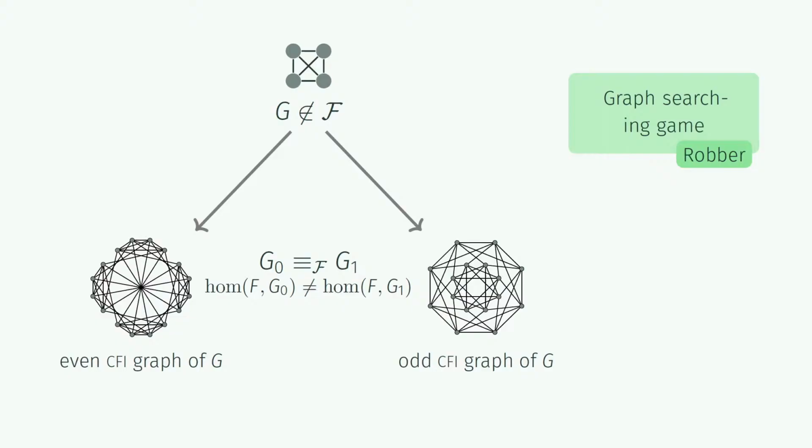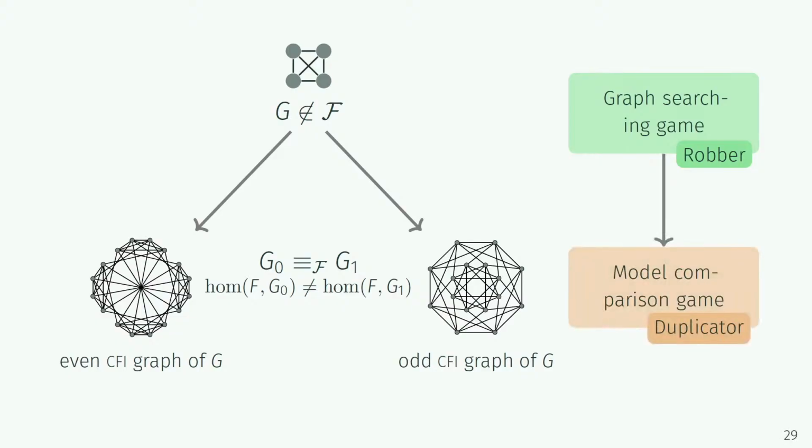Now you use this winning strategy to play a different game, namely the model comparison game on these two graphs, for proving this first condition. You prove this first condition by playing this model comparison game, and you want the duplicator to win. And you prove that by taking the strategy for the robber and letting the duplicator play it.